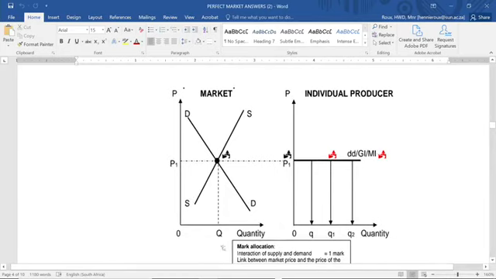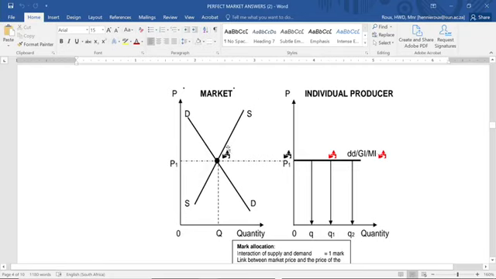So therefore, you draw the industry graph or the market graph, and then alongside this, you have to draw the individual business or the individual producer. You cannot draw these two graphs one below the other, right? They have to be drawn alongside one another.